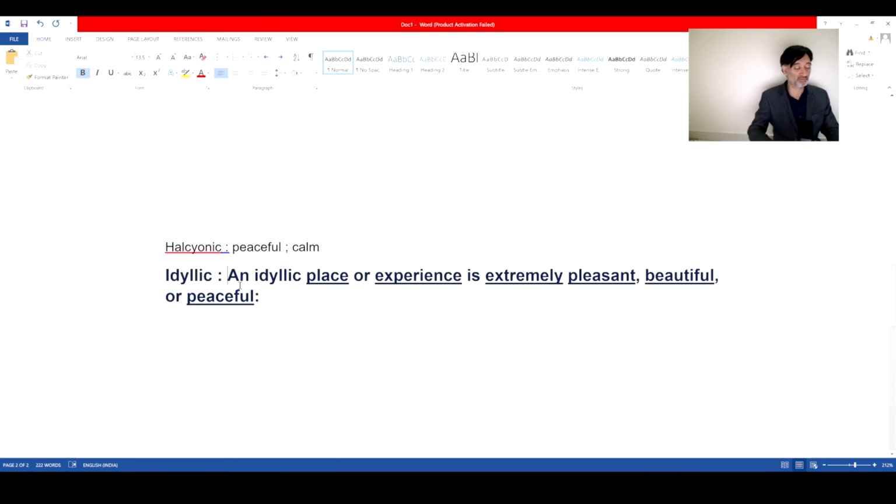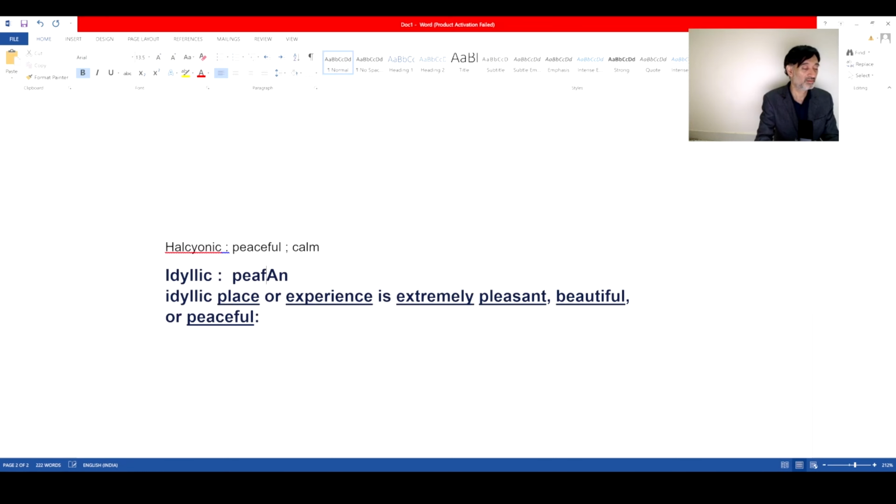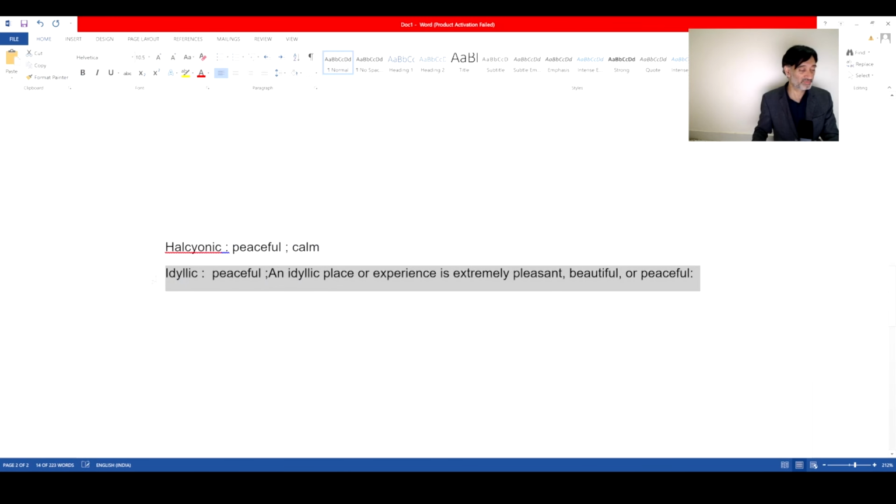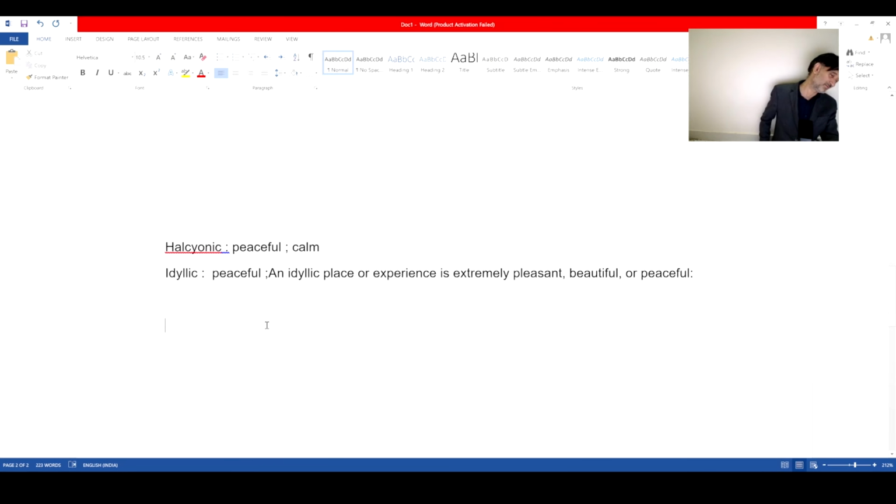Idyllic is peaceful. I hope you can remember these words. If you're reading a lot of poetry, this word generally comes up, right?